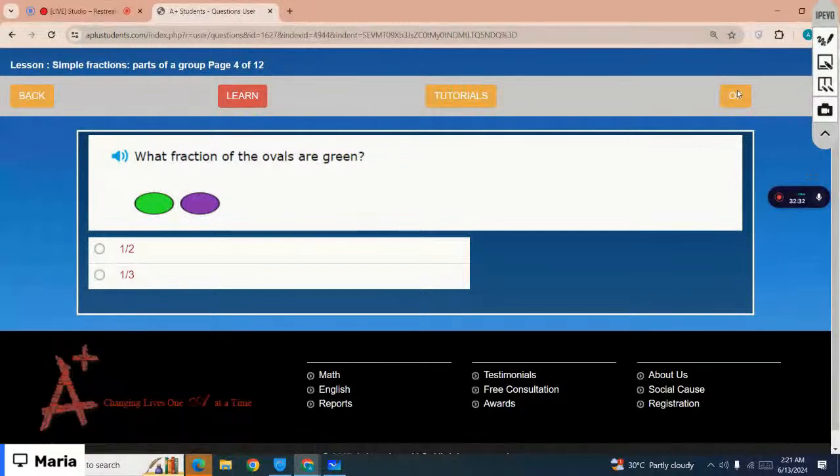That would be 1 out of 2. The correct option is 1 out of 2.